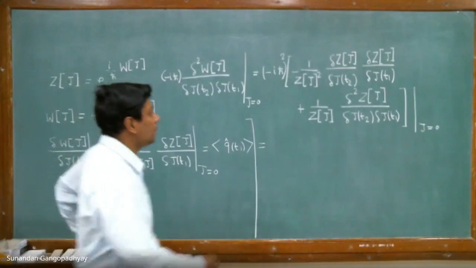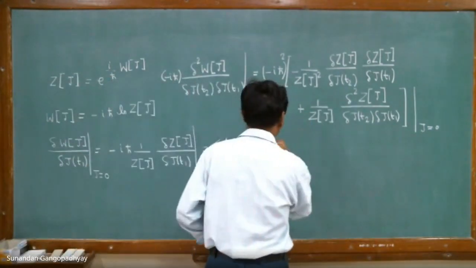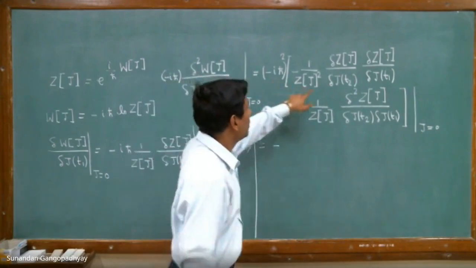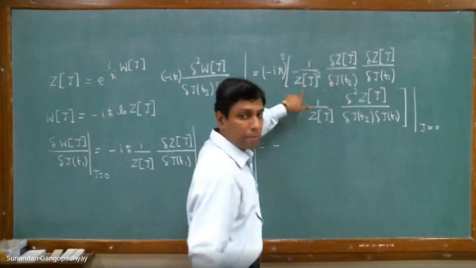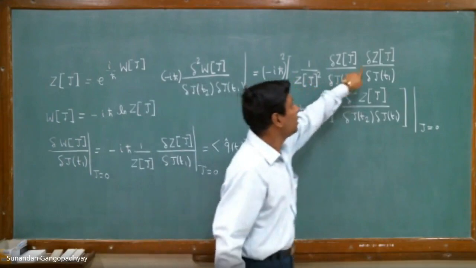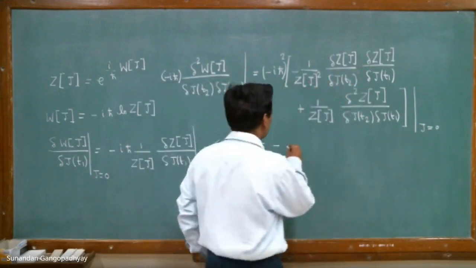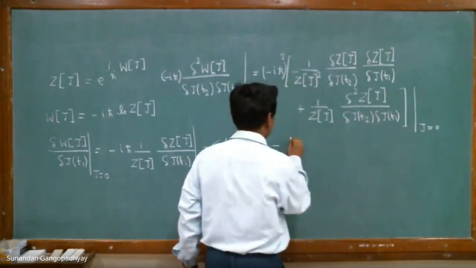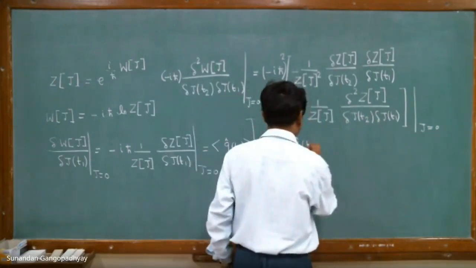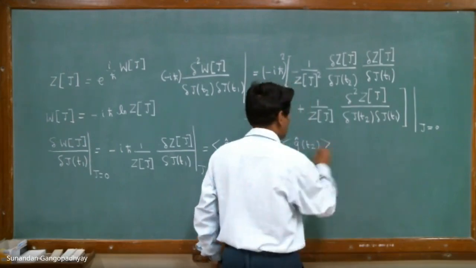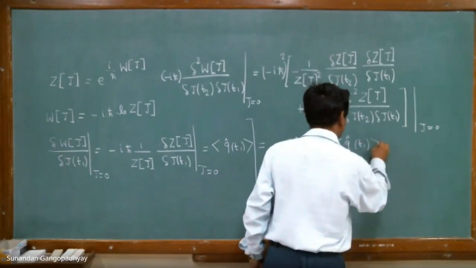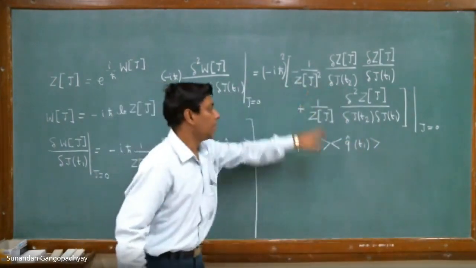So that is basically, if I just take out a minus, then with each of these you can attach a 1 by Z of J and a minus i h bar, and similarly with this factor also. And therefore, both of them evaluated at J equal to 0 will give the expectation of q hat t2 and the expectation of q hat t1, by definition. The first term by definition.